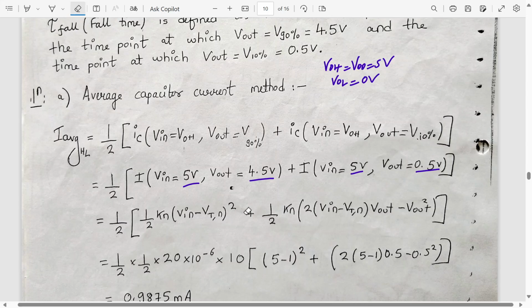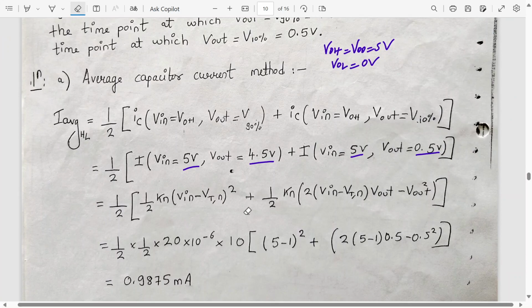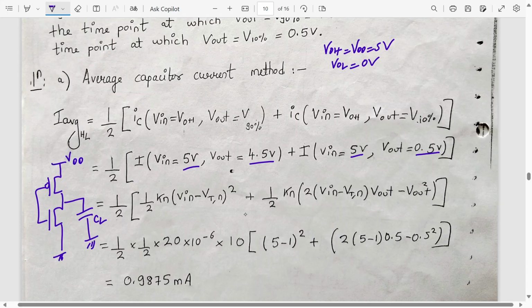Let me draw it and show it to you. If this is my CMOS inverter, this is CL, and my lower transistor is my NMOS, and this is V in.